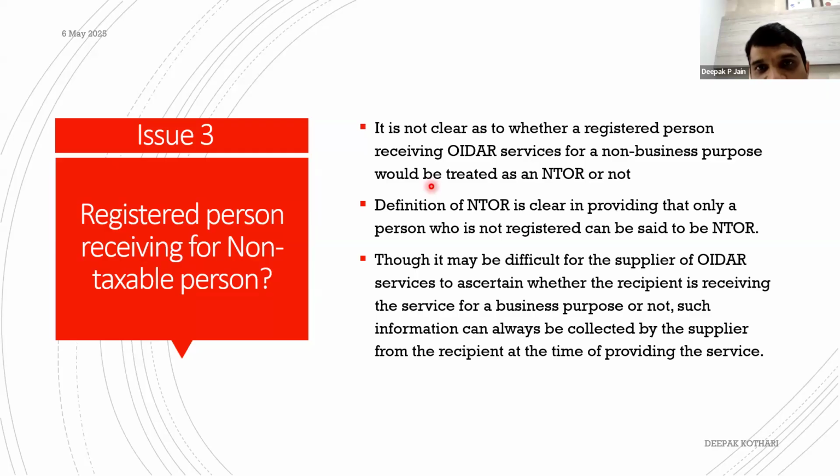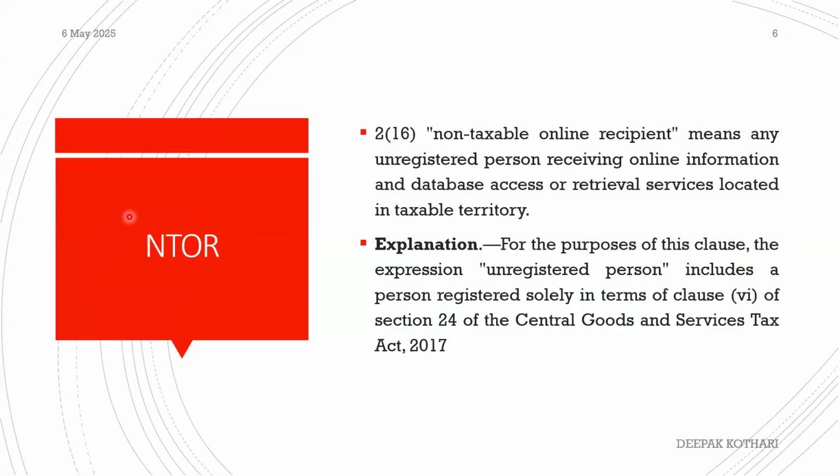And non-taxable online recipient means any unregistered person receiving OIDAR services. I would still say you are an unregistered person taking OIDAR services and the OIDAR supplier has to pay tax on it.